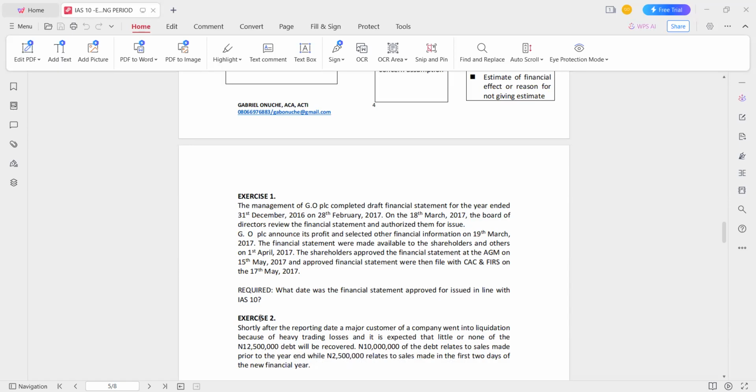The financial statements were made available to the shareholders and others on 1st April 2017. The shareholders approved the financial statements at the AGM on 15th May 2017, and the approved financial statements were then filed with CAC and FIRS on the 17th May 2017 as required. What date was the financial statement approved for issue in line with IAS 10?